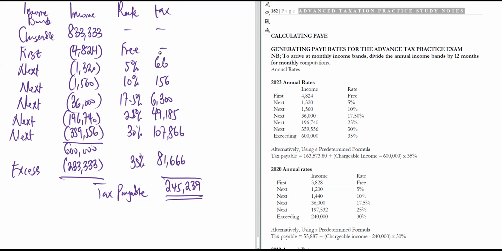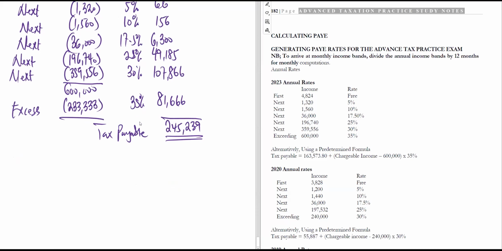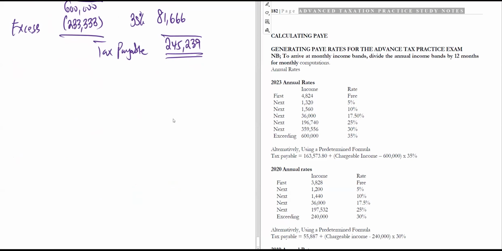So now we've got our tax payable. Was everybody comfortable with the graduated rates? Are we all okay with how we generate a tax using the graduated rates? Hello? Yes, please.